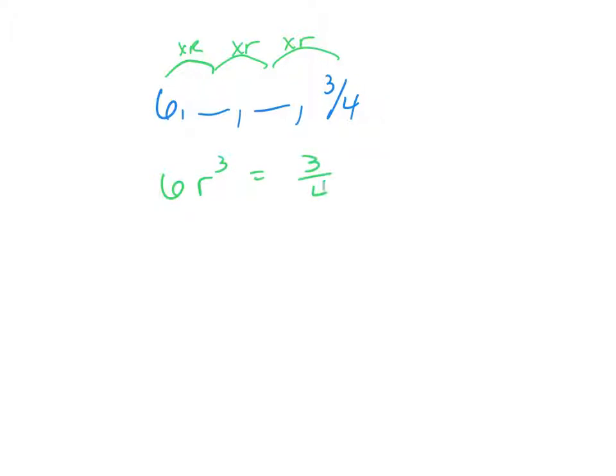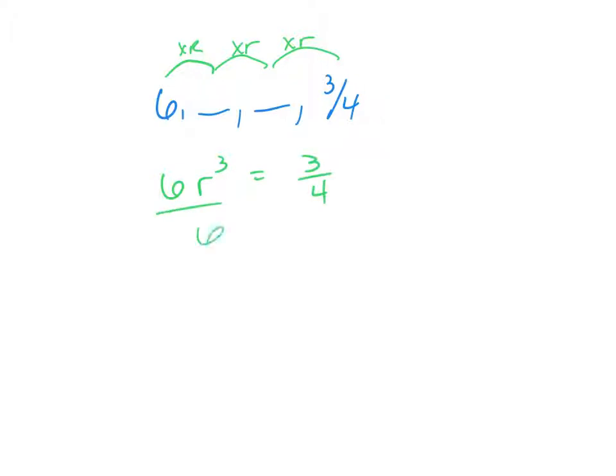So if we have 6, comma, blank, comma, blank, comma, 3/4, we have to find R in order to find those spots. So I know here that to get from here to here, I have to multiply by R, and here to here, I multiply by R, and here to here, I multiply by R. So 6 times R cubed equals 3/4.